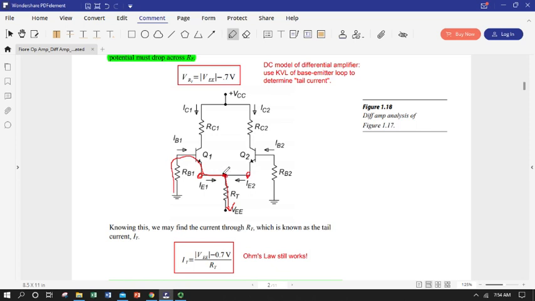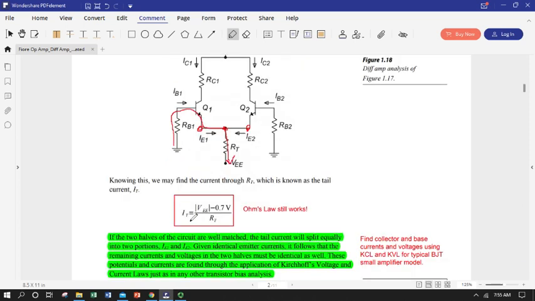So we know that the voltage at this point above the tail is negative 0.7 versus ground, and then the voltage at the other end of this resistor is whatever our negative emitter bias voltage is, DC bias. So we know that the voltage drop over the tail is just the difference between those two, and we can apply Ohm's law to get the tail current.